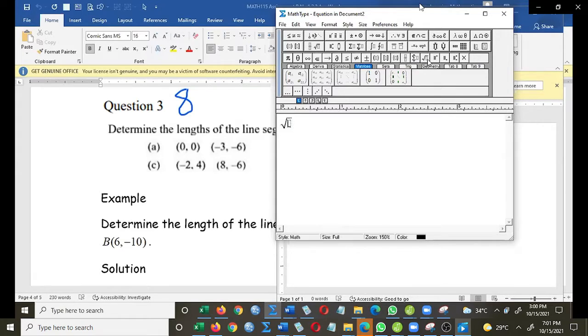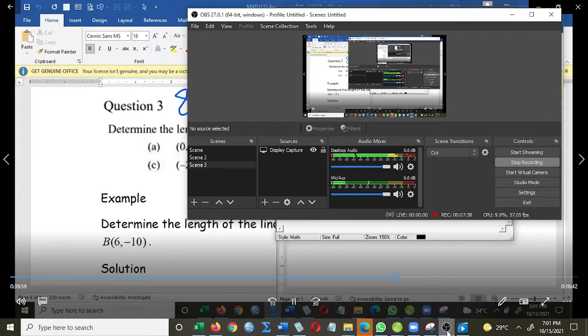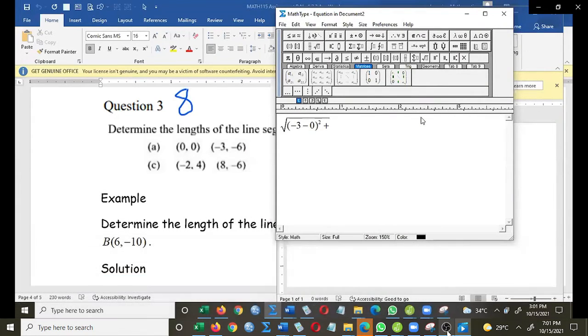You have the square root sign, open bracket, -3 minus 0, close bracket, squared, plus open bracket, -6 minus 0, close bracket squared.